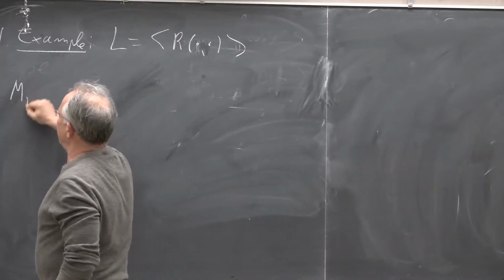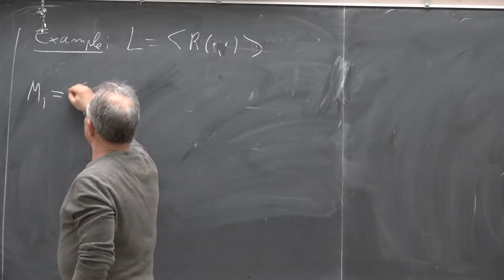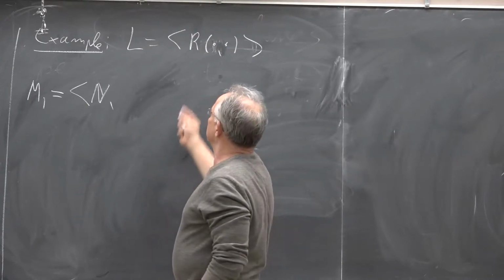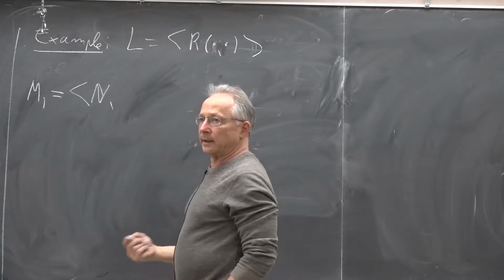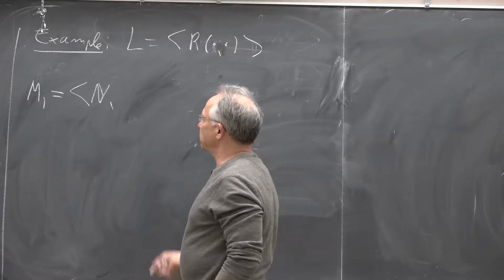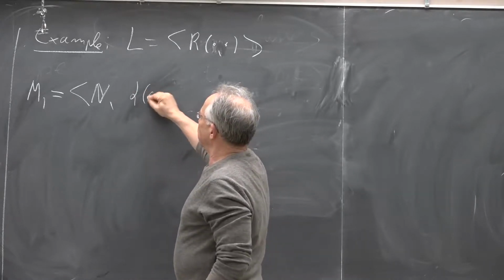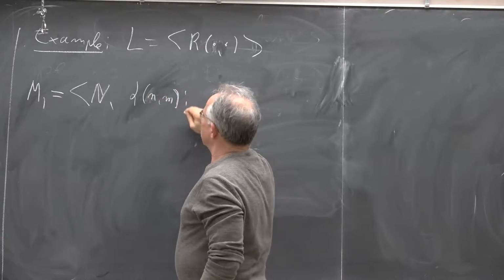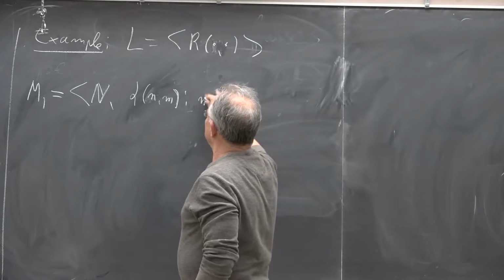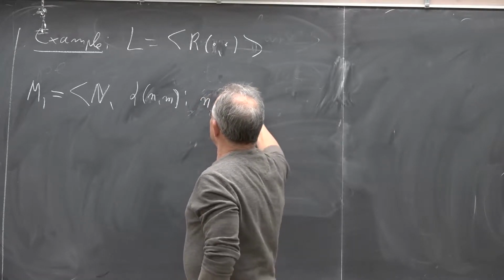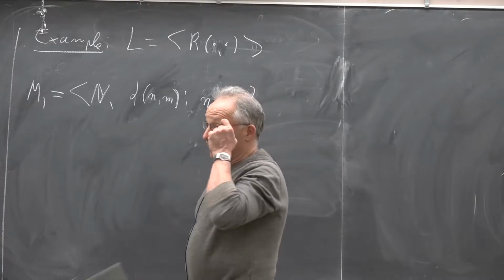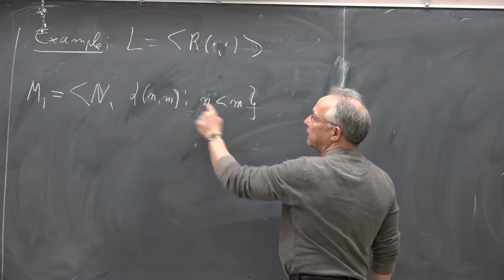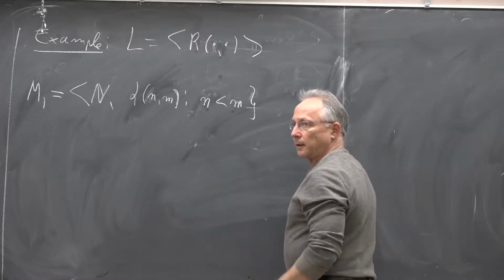M1 could be the structure whose universe is the natural numbers, and R is a set of tuples in the structure, so it could be the set of all pairs (n, m) such that n is less than m. So this tells me the interpretation of the relation R is the ordering relation.